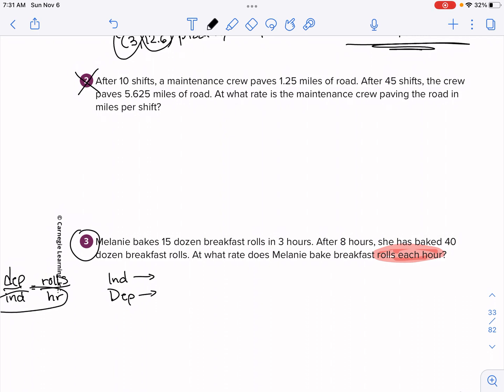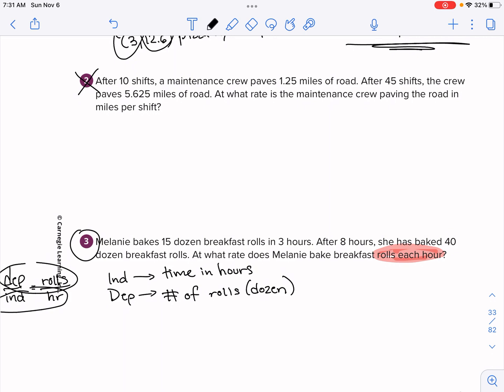Independent is hours, so time in hours. And dependent is number of rolls baked in terms of dozen. We'll just say number of rolls. And I'll put a dozen in parentheses, just so we know what it represents.